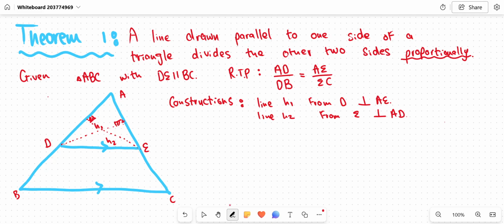Now that I have those lines, there are two more lines that I still need to draw. There's this line here going from B to E, so line BE, and there's one more line, which is this line going from D till C. And with those constructions, we should start seeing something there.